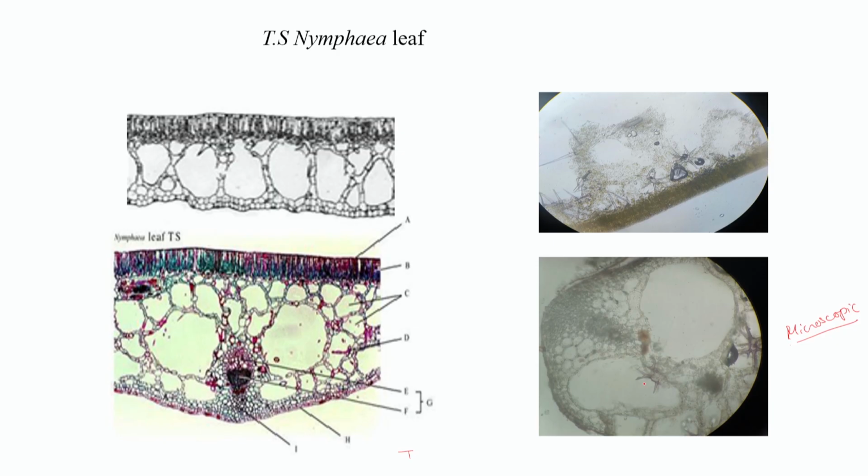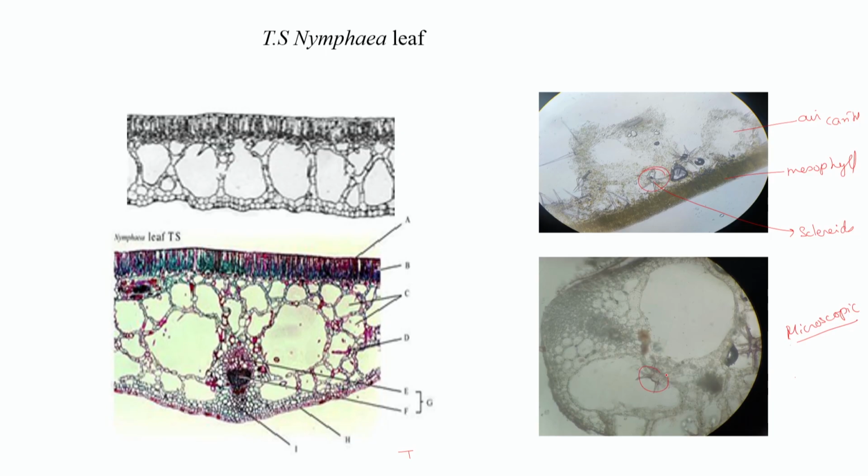However, it's not a very good preparation, but here you can see the presence of mesophyll tissue and the air cavities. The most important thing you can see is sclerids. You can see star shaped sclerids, a lot of them. I have kept this picture because star shaped sclerids you can easily see in this picture.